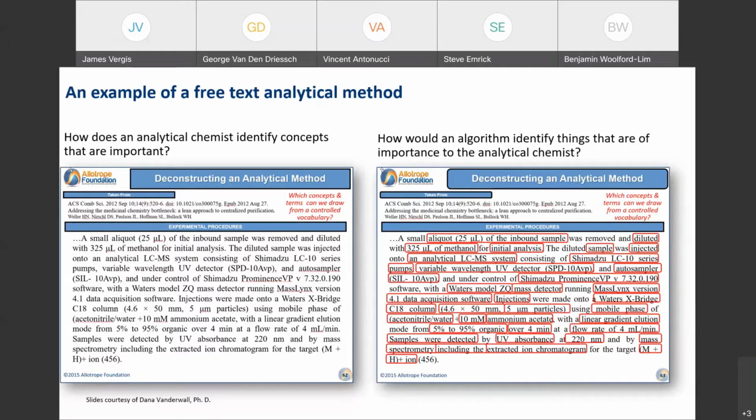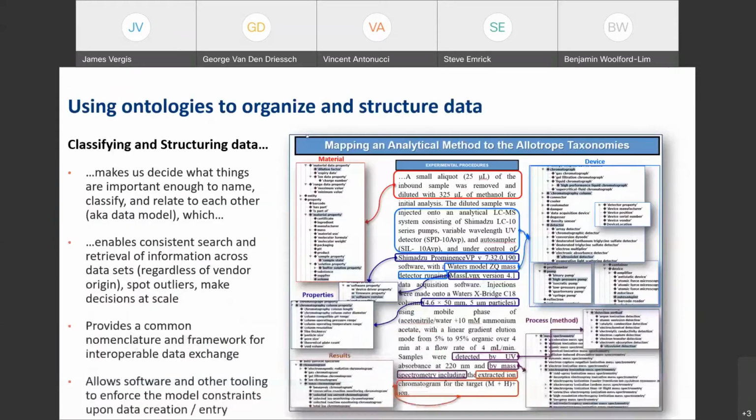So when we map those things to the various ontologies like Allotrope, we can achieve better classified and better structured data. And why do we want to do that? Well, classifying and structuring data allows us to decide what things are important enough to name, to classify, to relate to each other, the entities, the attributes, the relations that go into a data model.